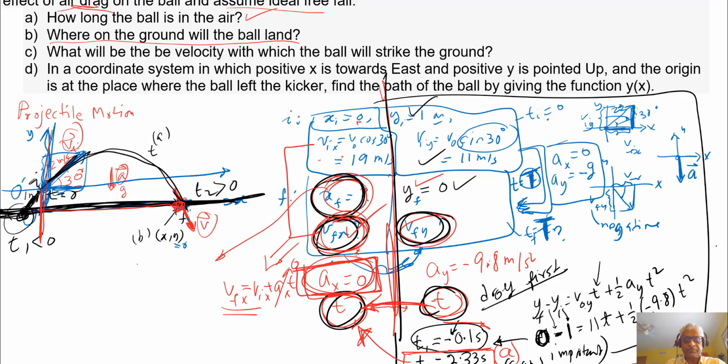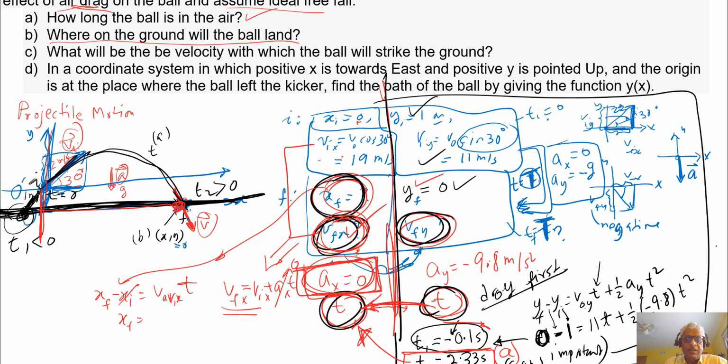So the final velocity vector has 19 meters per second along the x direction, and along the y direction it has minus 11.9 meters per second.